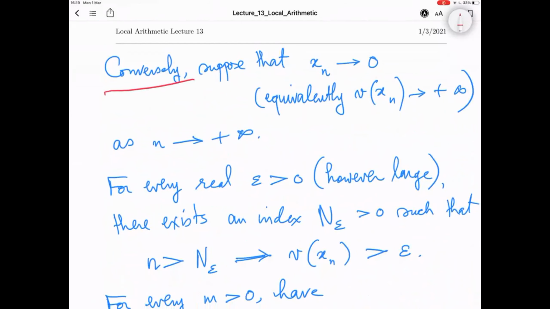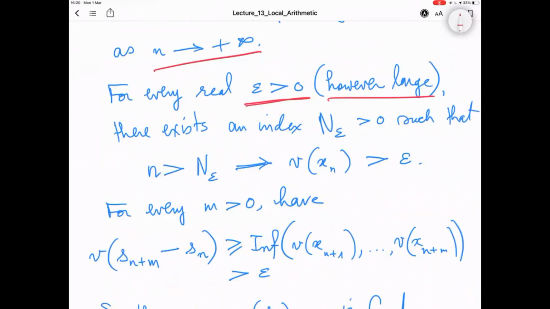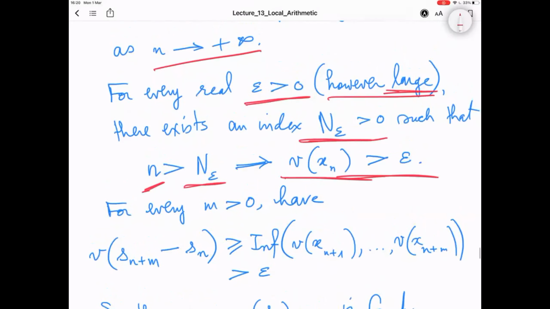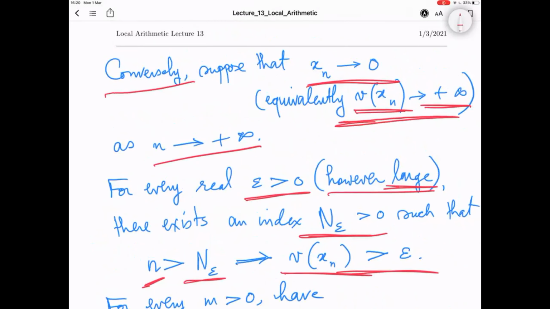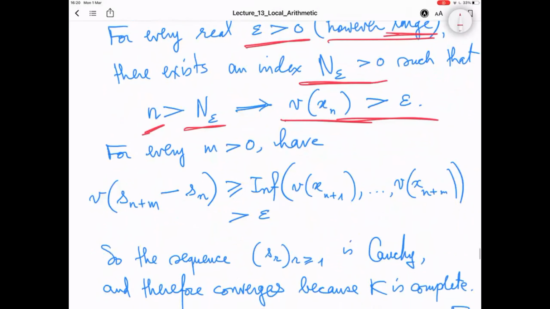This means that for every real number epsilon, however large it may be (epsilon people usually take to be a small number, but it's in your interest to take it to be a very large number), you can always find some index n_epsilon such that whenever n is bigger than n_epsilon, then v of x_n is strictly greater than epsilon. That's because these v(x_n) are tending to plus infinity with n.